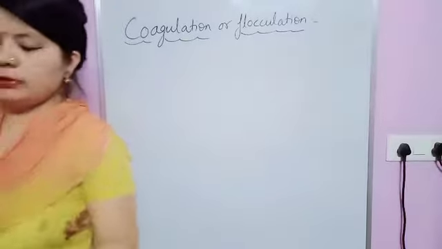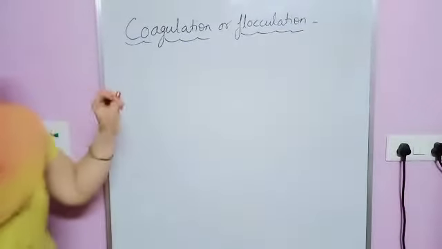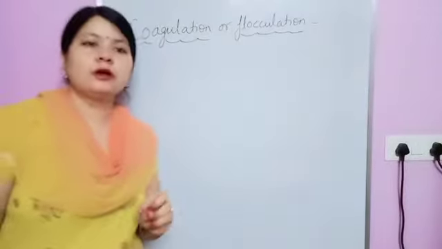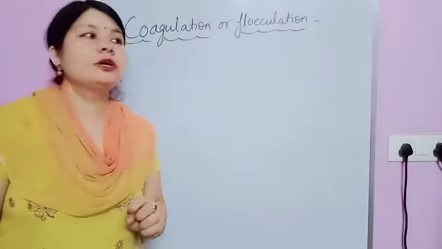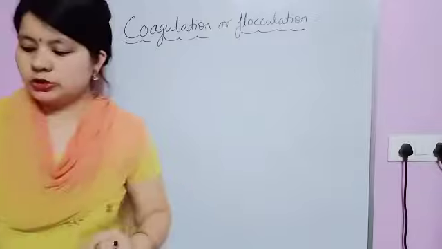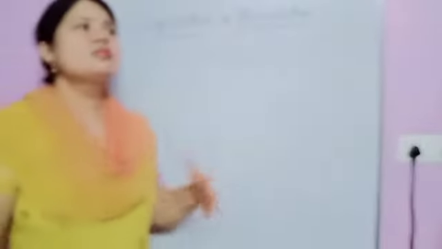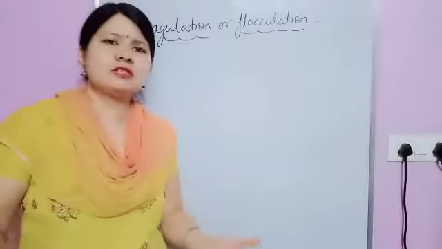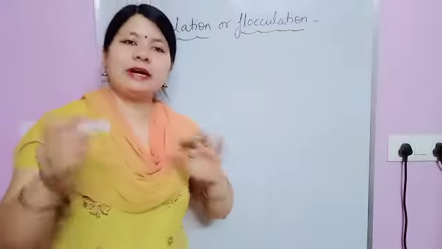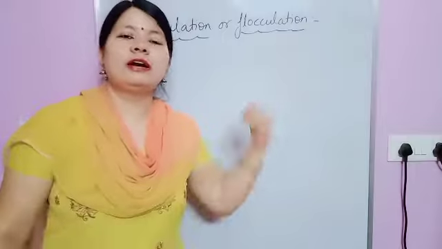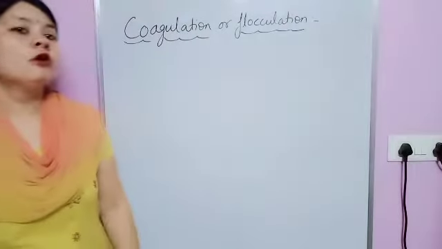So the phenomenon of precipitation of a colloidal solution by the addition of a small amount of electrolyte is known as coagulation or flocculation. Small amount or excess, it depends on which electrolyte you are using.